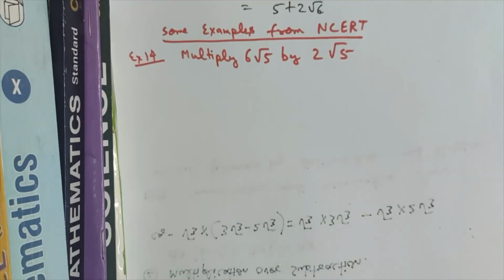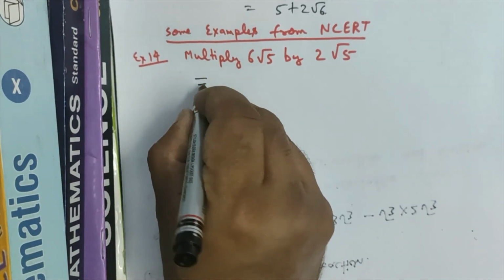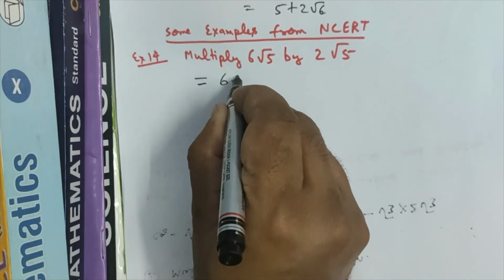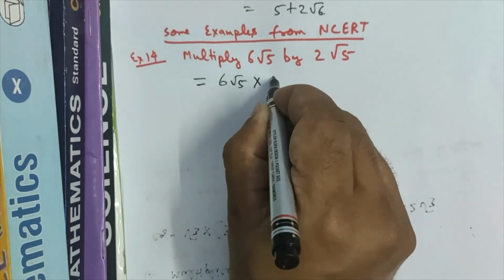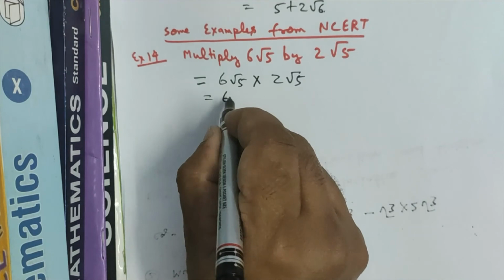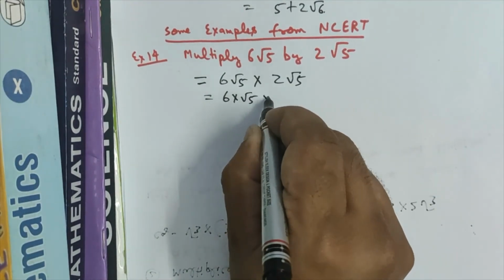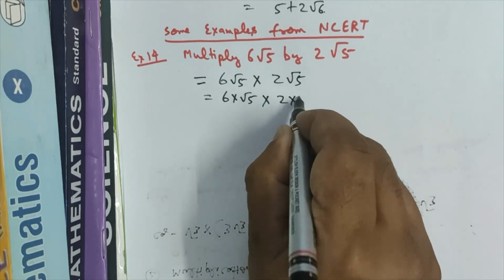We will discuss 2-3 examples from NCERT. Example number 14 from your NCERT, that is multiply 6 root 5 by 2 root 5. So we can write it as 6 root 5 into 2 root 5. 6 root 5 is basically 6 into root 5, multiplied by 2 into root 5.